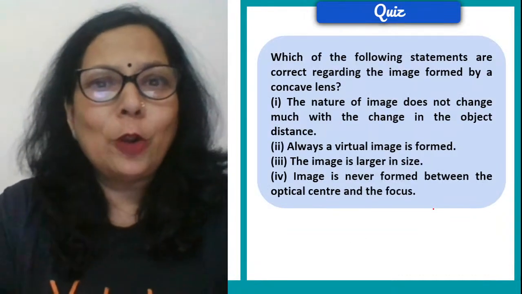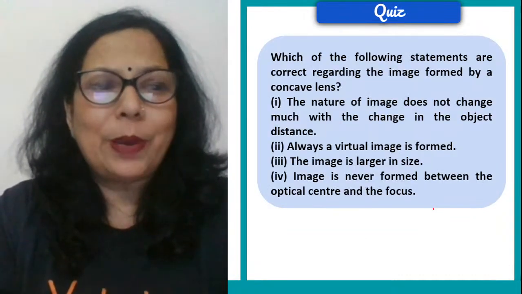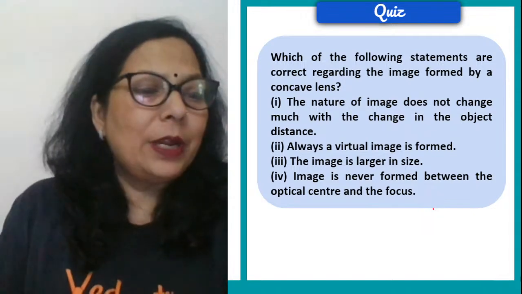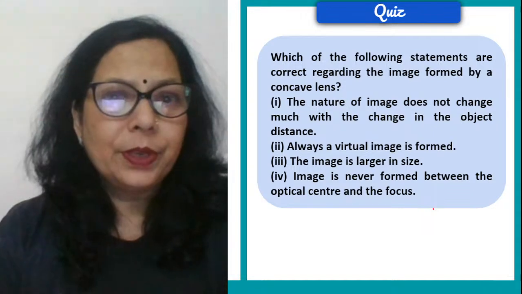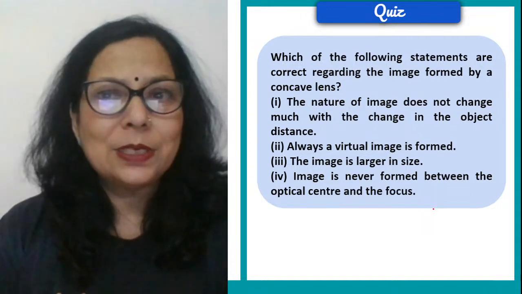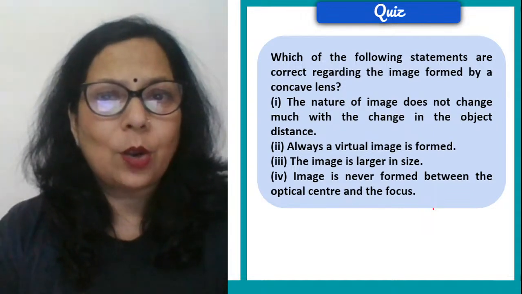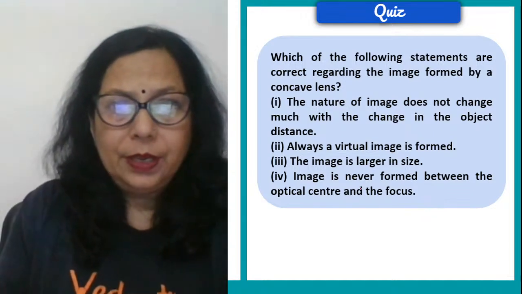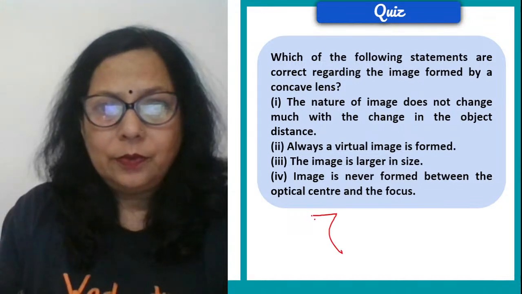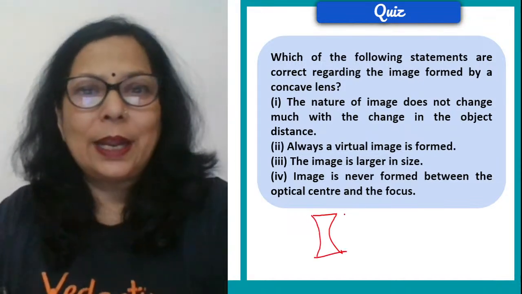Now, which of the following statements are correct regarding the image formed by a concave lens? How many of you are having the exam tomorrow? Aryan, are you having the exam tomorrow? Which of the following statements are correct regarding the image formed by a concave lens? There is only one case and one kind of image is formed.